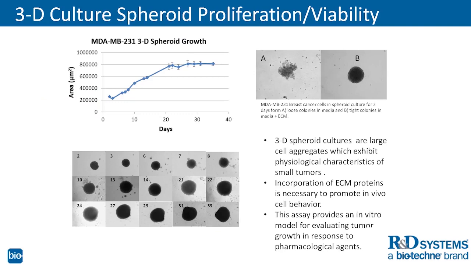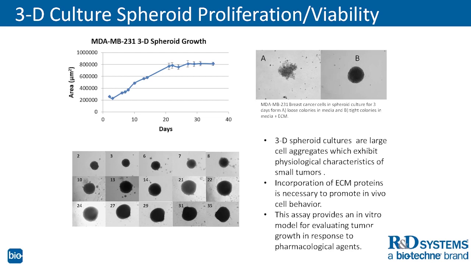As we see here, we have our MDA-MB-231s looking at 3D spheroid growth. We started with 3,000 cells per well. This was a 35-day assay.